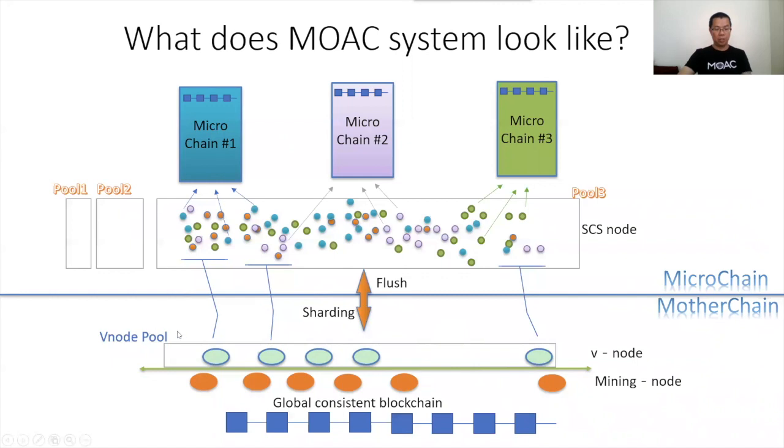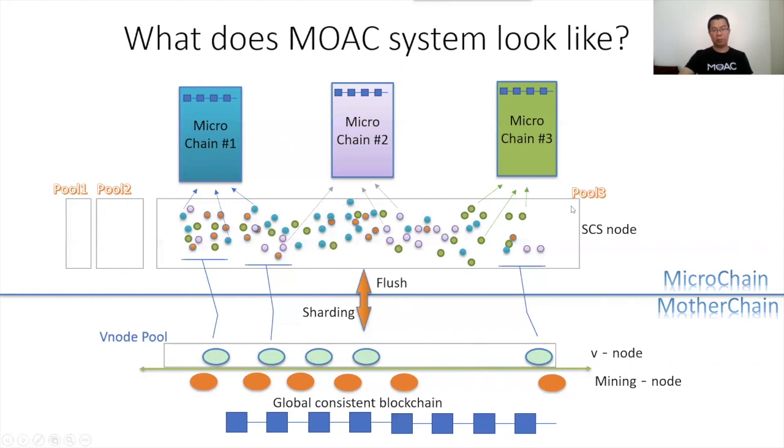So we call it a vNode pool. And on the above layer, we have a lot of nodes. We call them SCS nodes, smart contract server nodes. These nodes can register into a pool. Each pool has its own protocol.